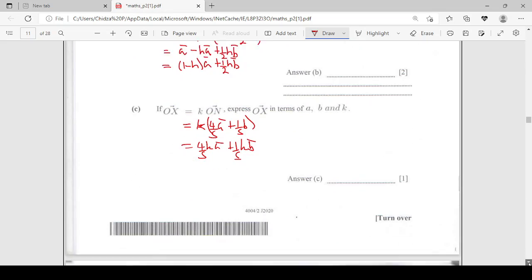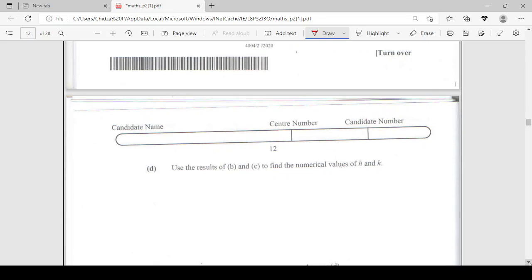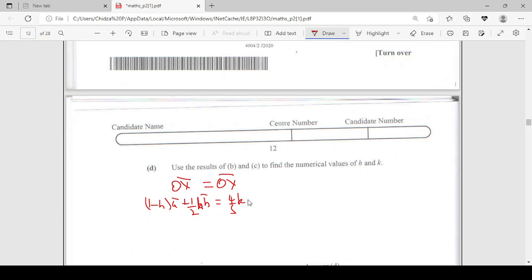So you will have here, that is your OX in B being equal to your OX in C. So you have this one, (1 minus h)A plus half hB, which is equal to 4/5 kA plus 1/5 kB.